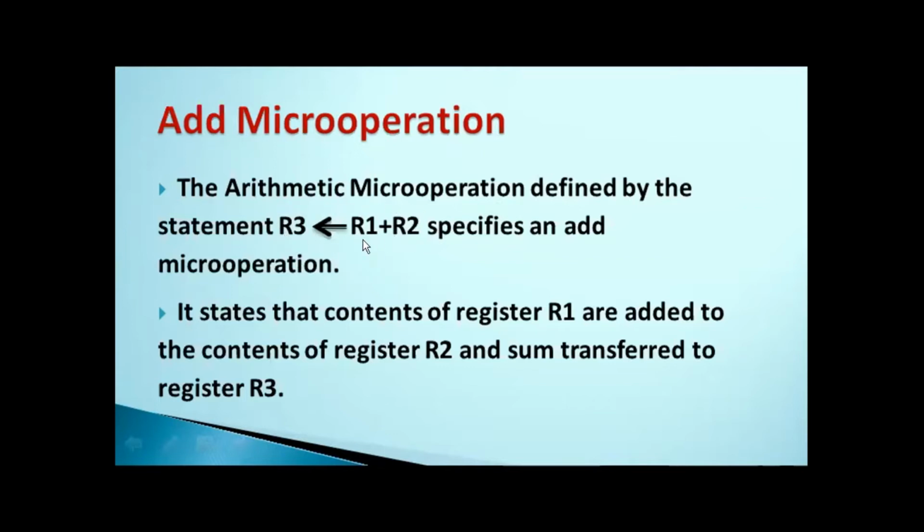It states that the contents of register R1 are added to the contents of register R2 and the sum is transferred to register R3. After performing the arithmetic addition operation, the sum will be stored in the register R3, or we can store the sum or result in one of the source registers, that is R1 or R2.